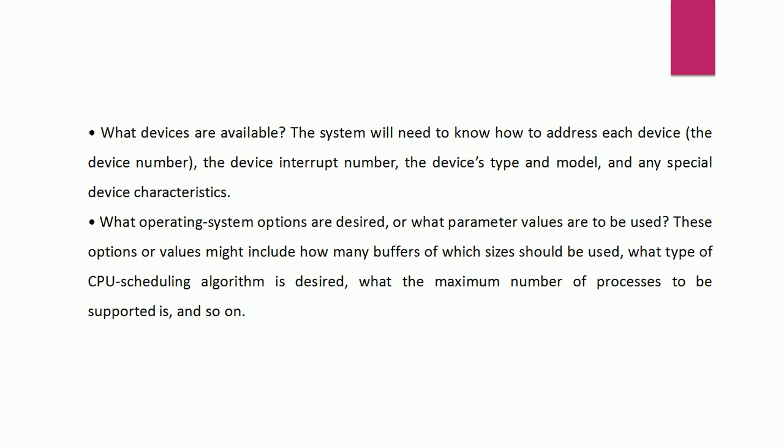Last point, what operating system options are desired, or what parameter values are to be used. These options or values might include how many buffers of which sizes should be used, what type of CPU scheduling algorithm is desired, what maximum number of processes is to be supported, and so on.